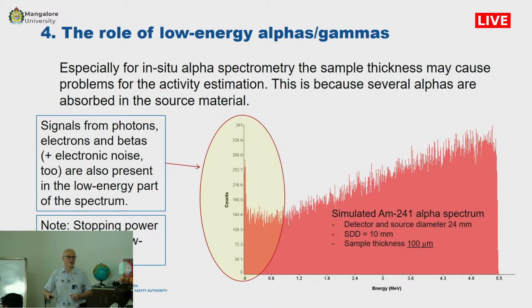So the answer is, I think, that there are no easy answers. You just have to calculate how many alphas are totally absorbed. But this is an extreme case, this 100 micrometer thick source.